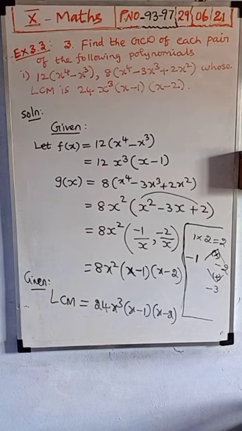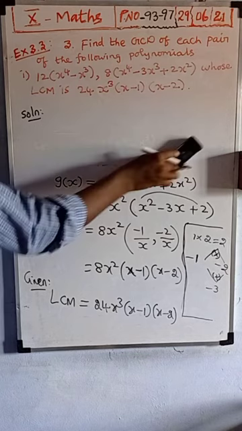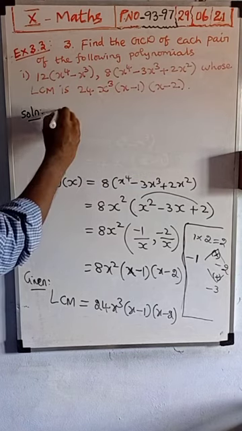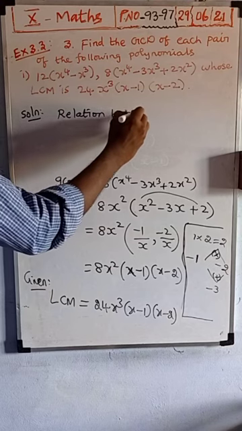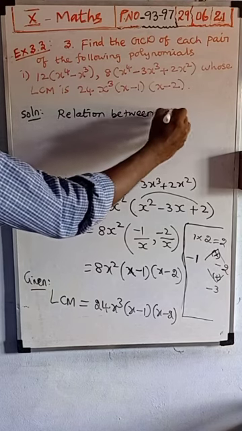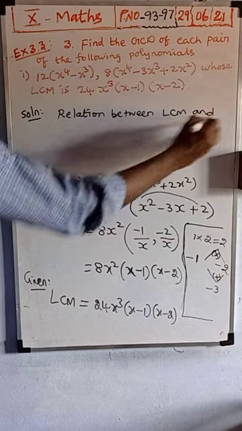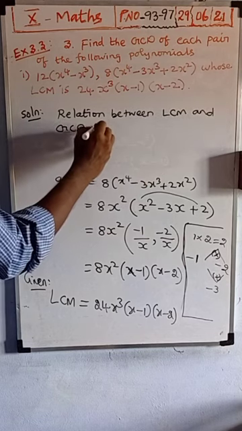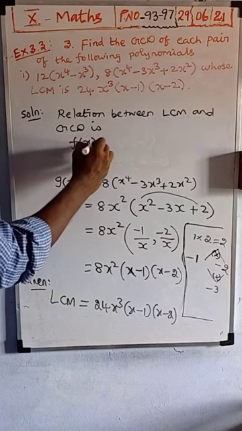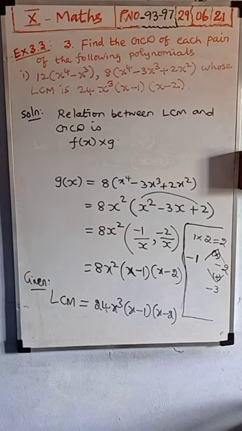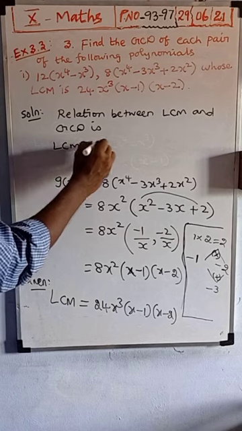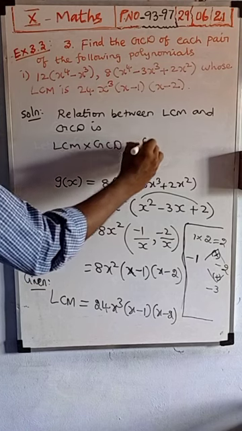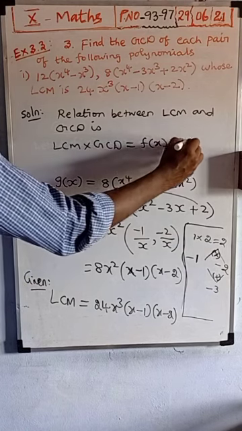Next, we know the relationship between LCM and GCD. First write LCM into GCD is equal to f of x into g of x.